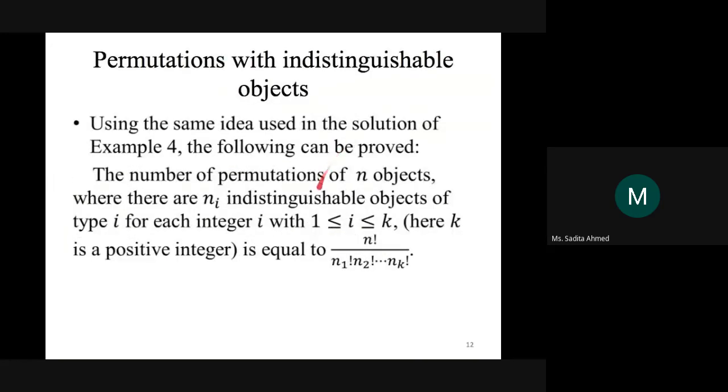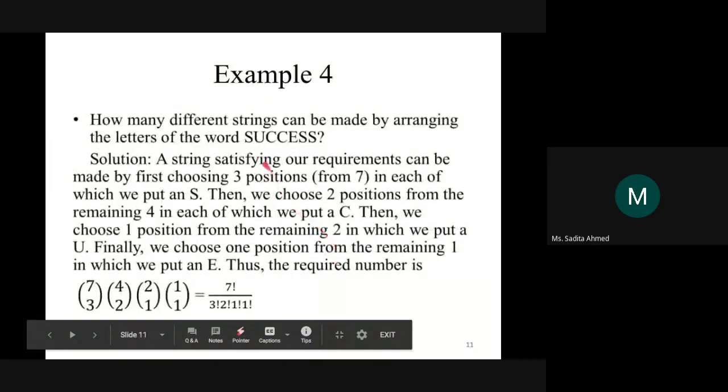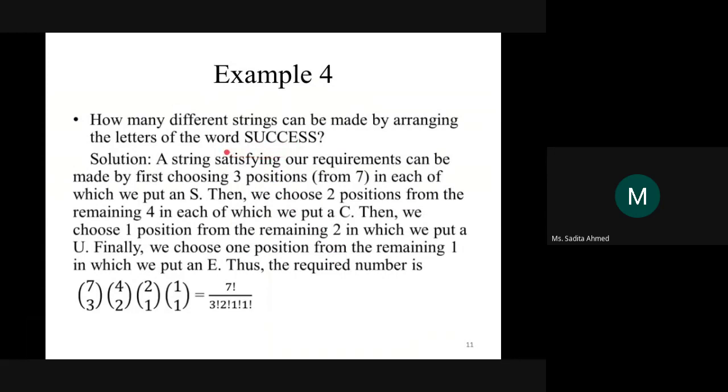Where the first type has n1 indistinguishable objects. The first type, the type S, has 3 indistinguishable objects there. All right. Type C has 2 indistinguishable objects there. These 3 S's are indistinguishable, right? Is there any difference between the 3 S's, guys? No. They are indistinguishable.